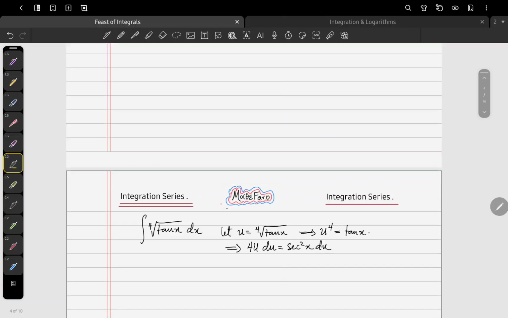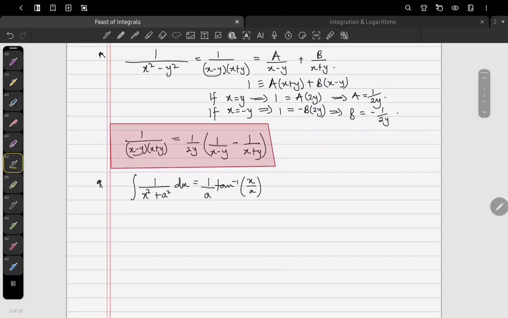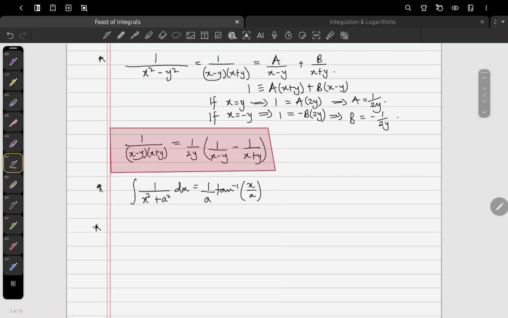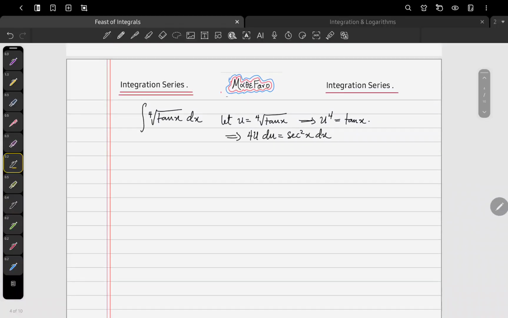Oh, one more piece of information I forgot to put is the fact that from the Pythagorean identity, we know that sec squared x is equal to 1 plus tan squared x. Okay, so let's continue. So this means that 4u cubed du is equal to 1 plus tan squared x dx.